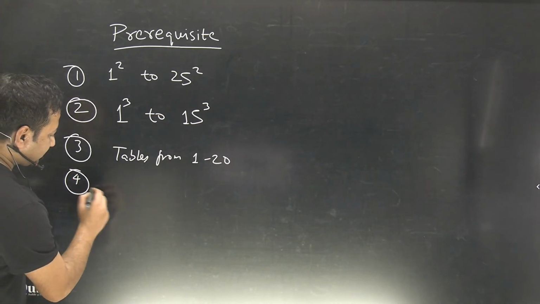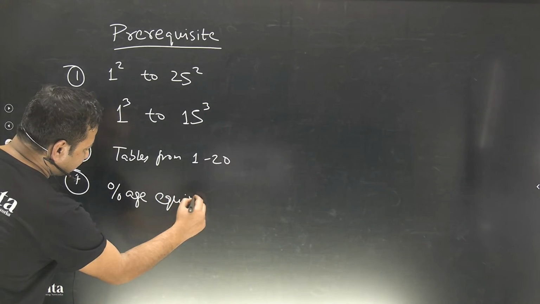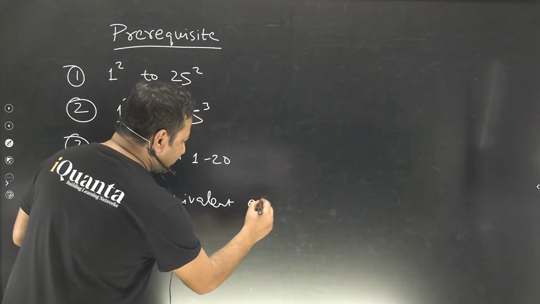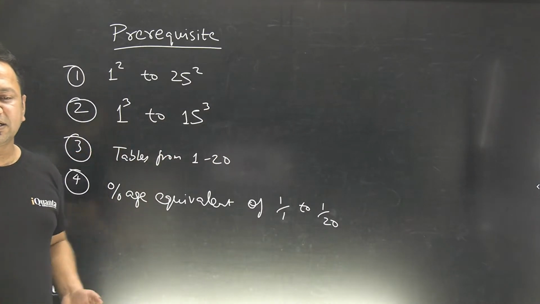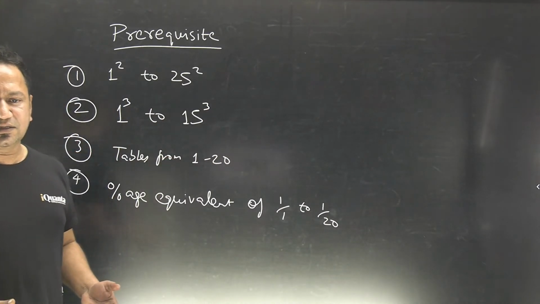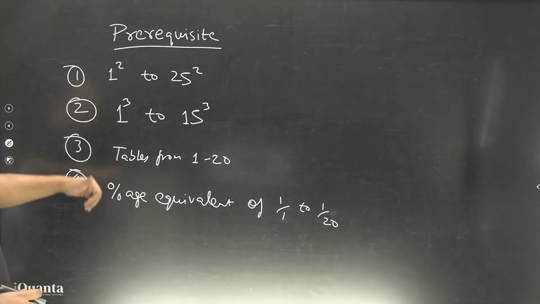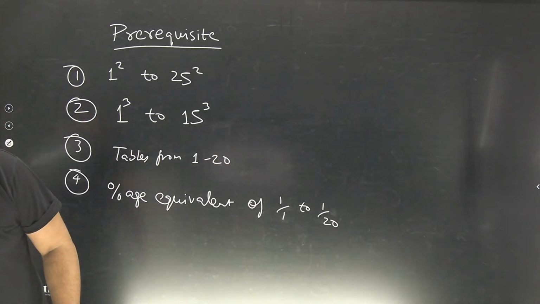After that, percentage equivalents. Just note this down. We won't do the 4th point today. Percentage equivalent of fractions from 1 by 1 to 1 by 20. What does that mean? That 1 by 1 is 100%, 1 by 2 is 50%, and so on. Okay? These 4 things are important. This will be the building blocks for entire quantitative aptitude and data interpretation. So this is going to be very beneficial. I hope all of you have written that.